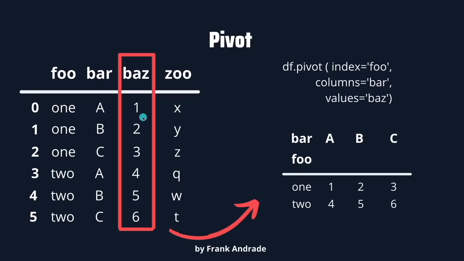So let's pick another one, for example 5 here. We have 2 and B. And if we go to our original data frame, we have that for 2 and B, the value that corresponds to that pair is 5. So that's why this value is here. And that's how this new data frame was reshaped.